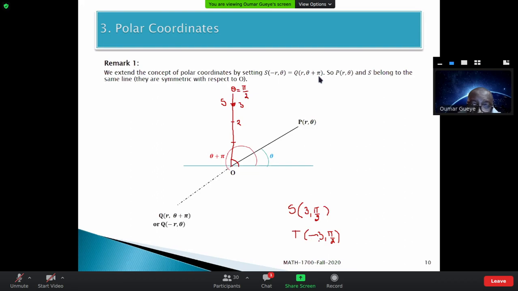It means you have to change the quadrant by taking 3 units below O, because it's the opposite or the symmetric of this point. So it's going to be this point here below. You take 1 unit, 2 units, and 3 units here. And this is going to be your T. This point is T. Okay?